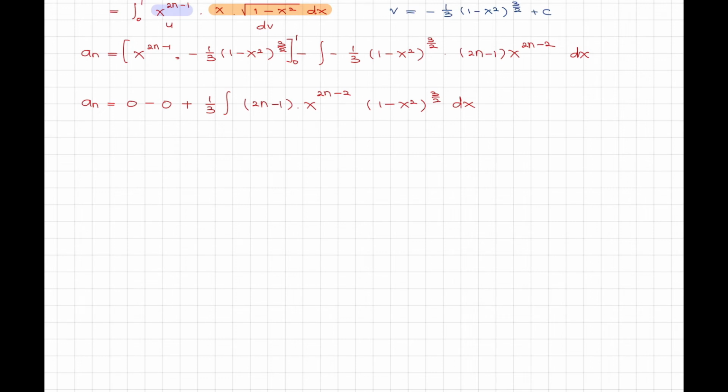And then if we use the same way as in the previous question when we found A1, I will separate this expression into 1 minus x squared times 1 minus x squared to the power of half.